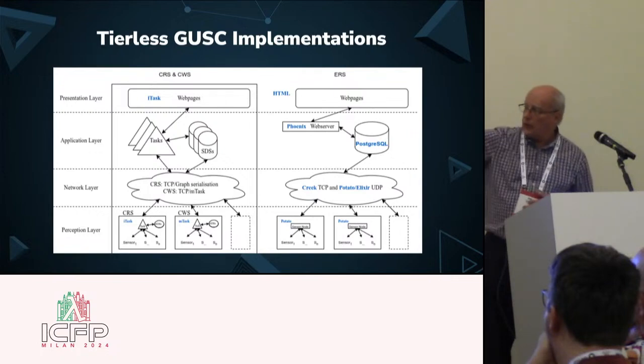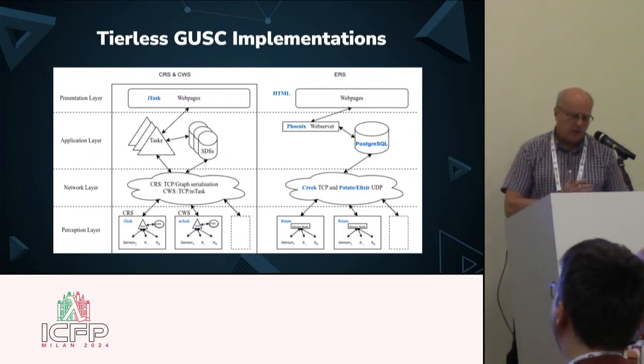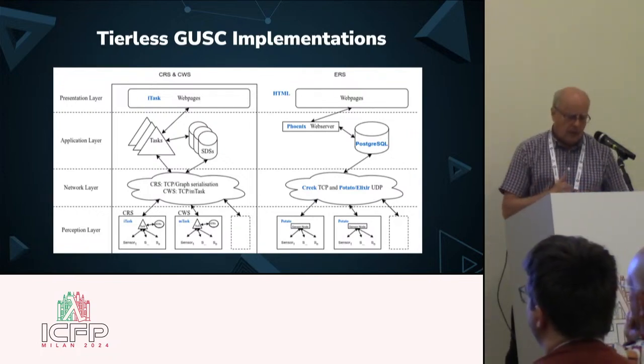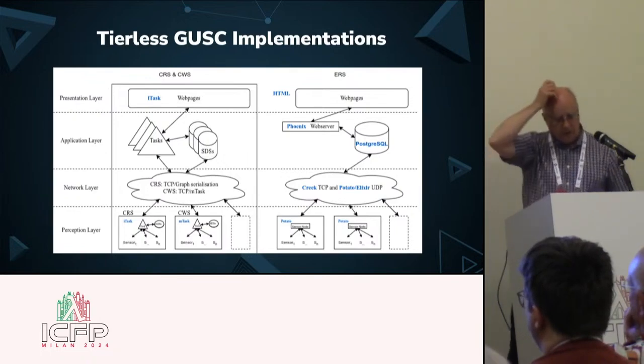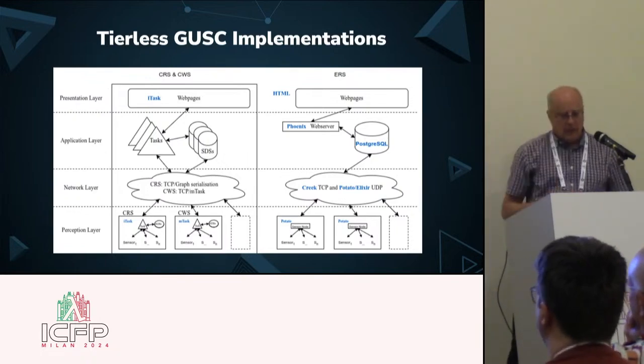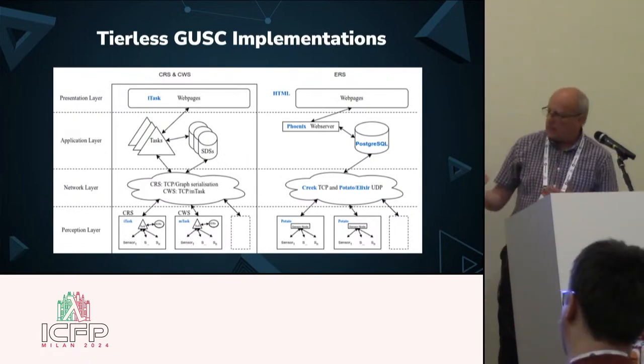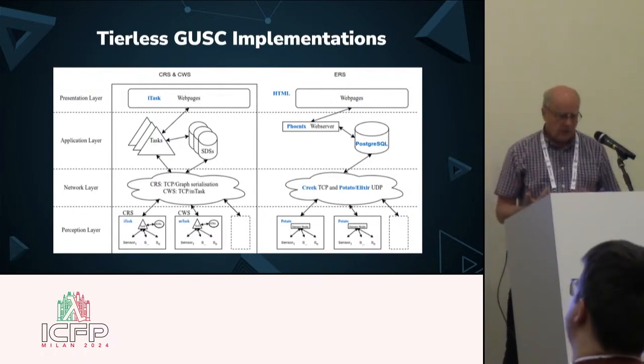ERS, that's the new thing that Solaris has built. In ERS, we run Potato code on the sensor nodes. The Creek DSL is used to communicate back to the server.